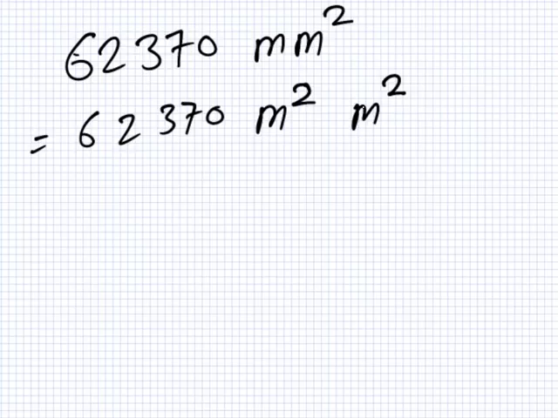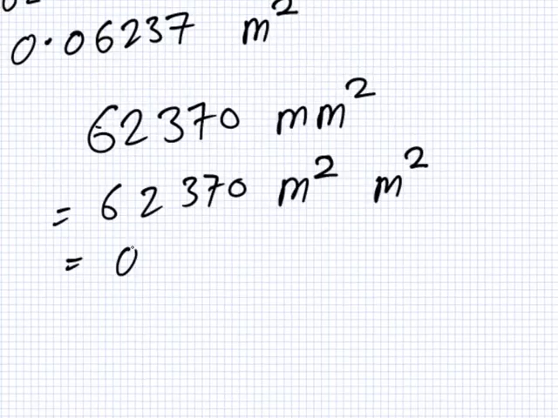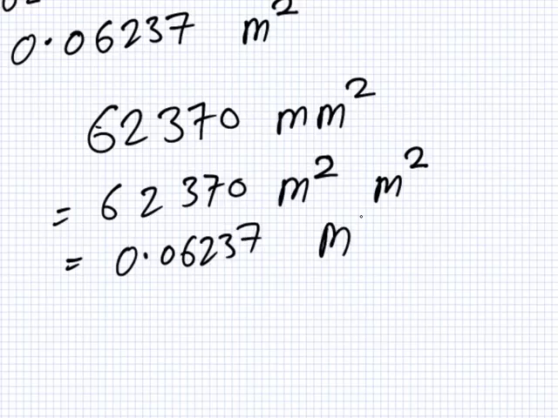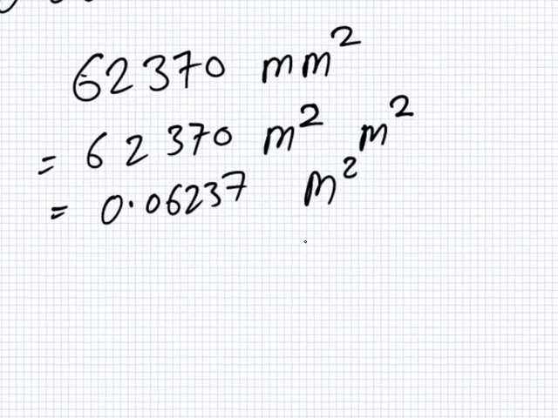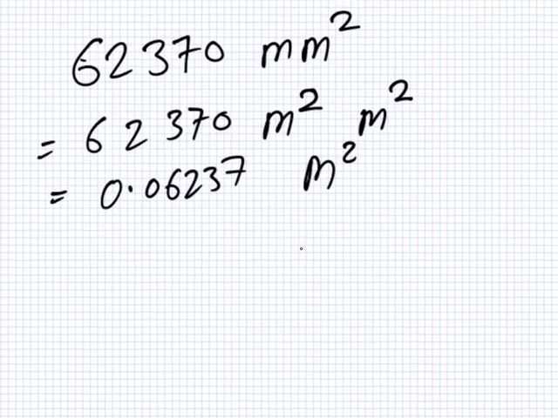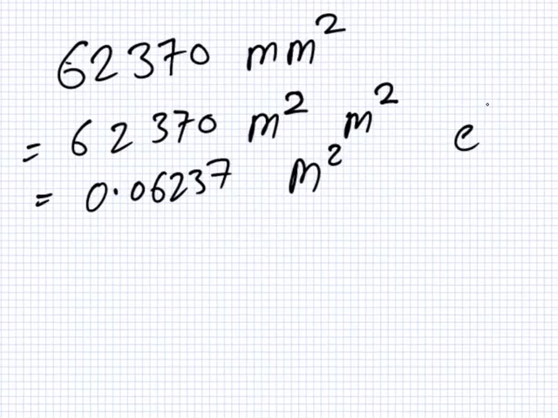So just like last time, we can go through the steps and we end up with 0.06237 meters squared, just like the last answer. But this time, we need to continue. We're not finished. What unit do I want at the end? Centimeter squared, not meter squared.